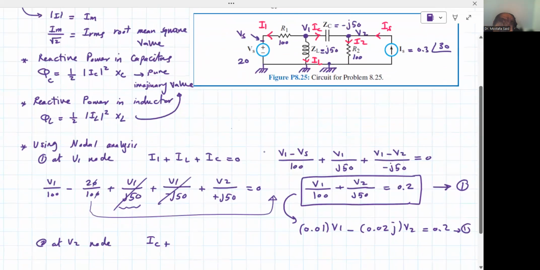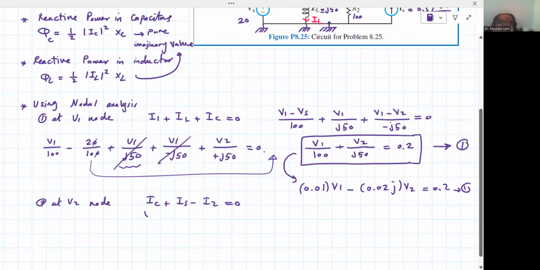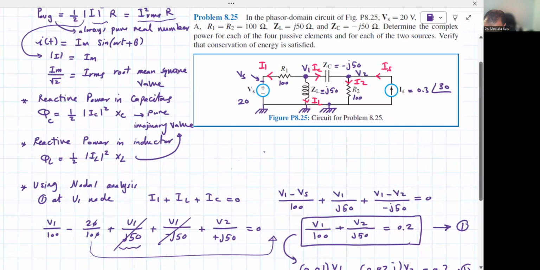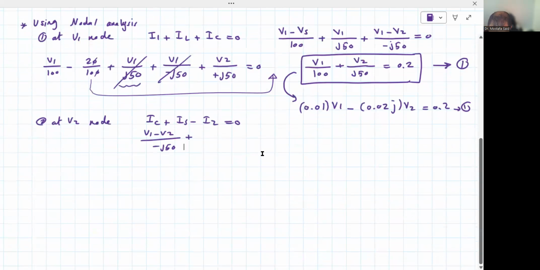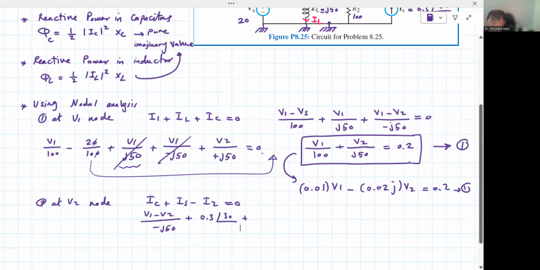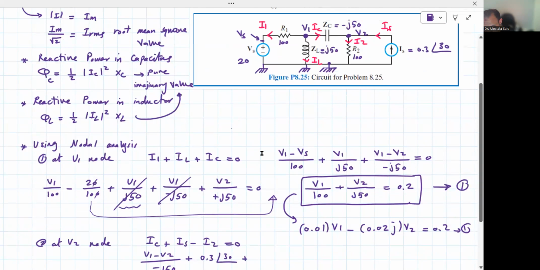IC we have already: V1 minus V2 over minus J50. IS is given as 0.3 angle 30, which looks ugly here because we have rectangular form. Anyways, we can convert it. Minus I2, which is V2 over 100.